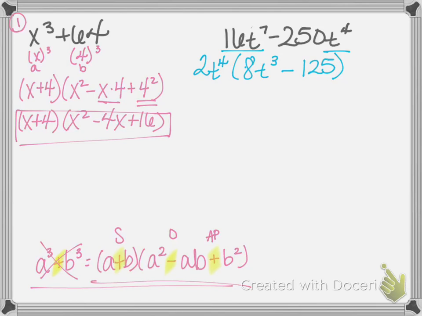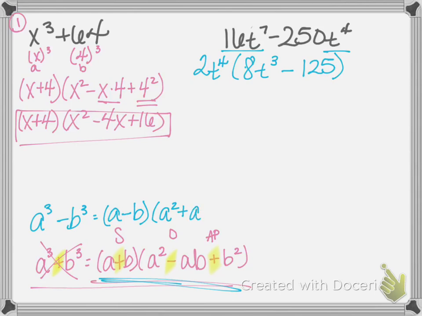And now I need to apply my formula, which is down here. So this time it's a cubed minus b cubed equals a minus b, because it's got to be the same. That means the next part is a plus ab, because it's got to be the opposite. And then the last one is always just b squared.